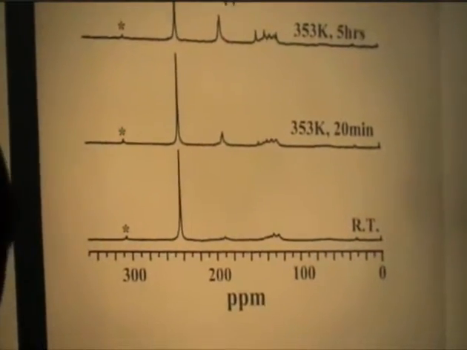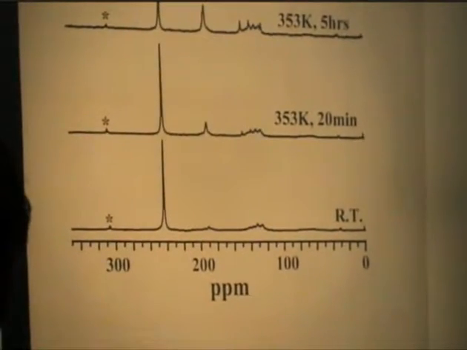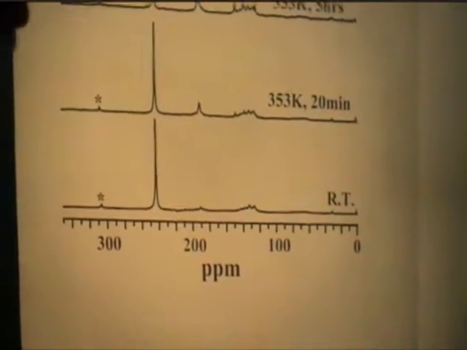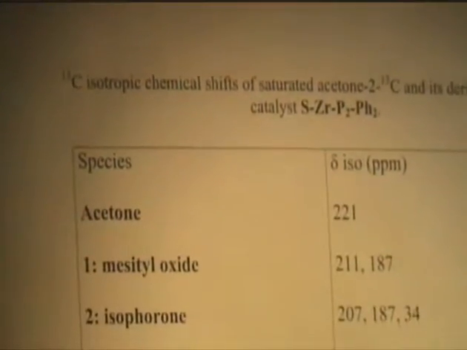So for example, we had a scale to work with, where we would see mesityl oxide, isophorone, and so forth, the carbon-13 isotopic chemical shifts, where we would see them, okay?